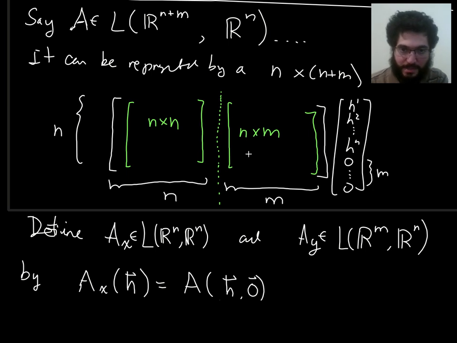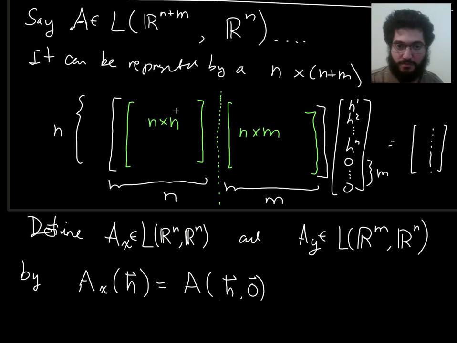And what happens when you apply this matrix to that column vector, assuming everything's in the standard basis? Well, what you get is a column vector with n entries, right? If you think about the mechanics of matrix multiplication, you get a column vector with n entries, which is given by applying this submatrix here to just the h part here. And this submatrix gets applied to the 0 part, so nothing happens.